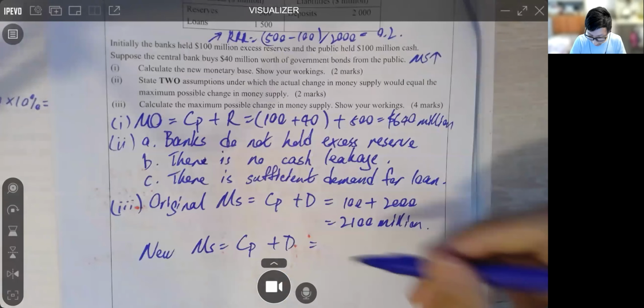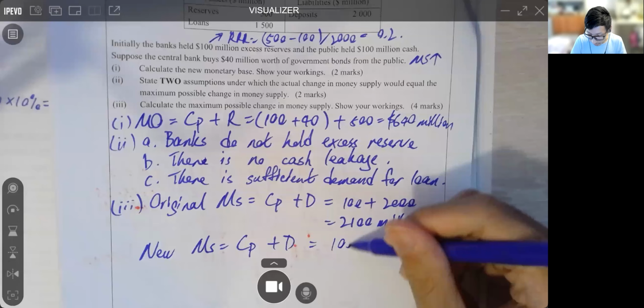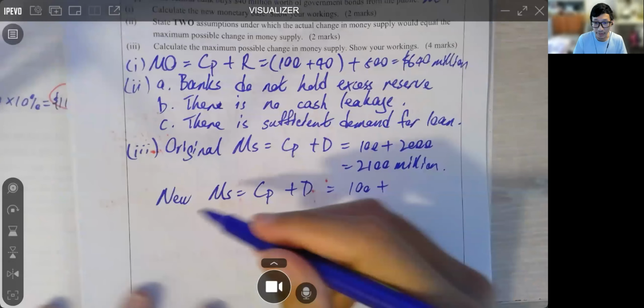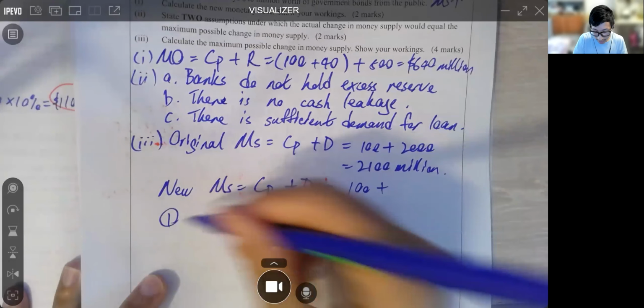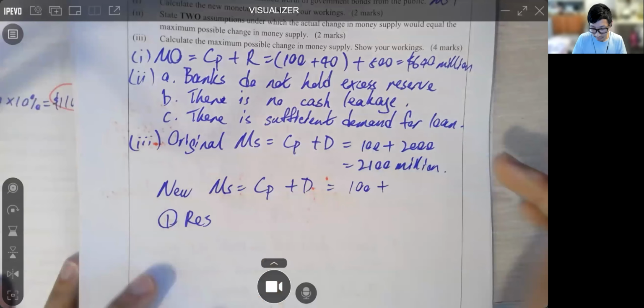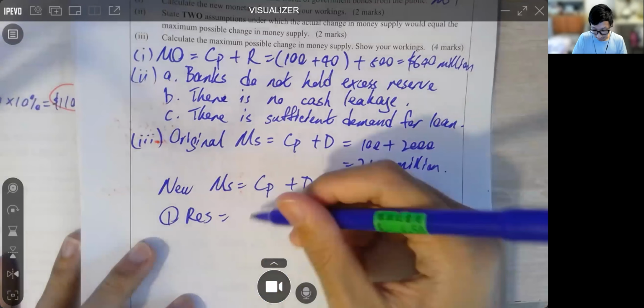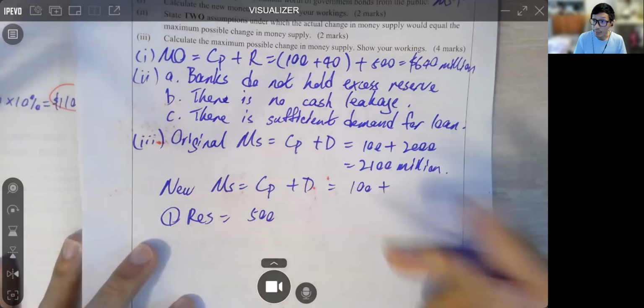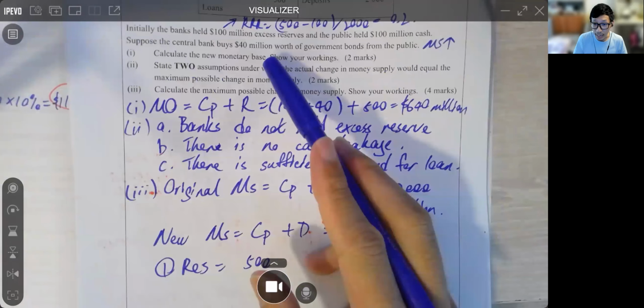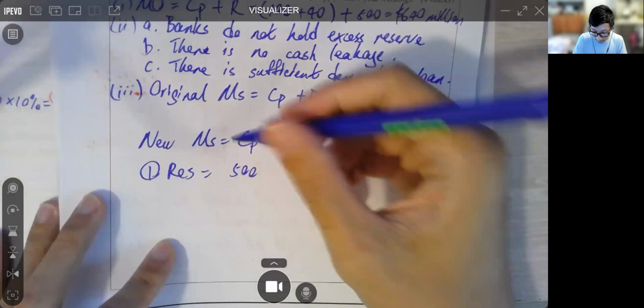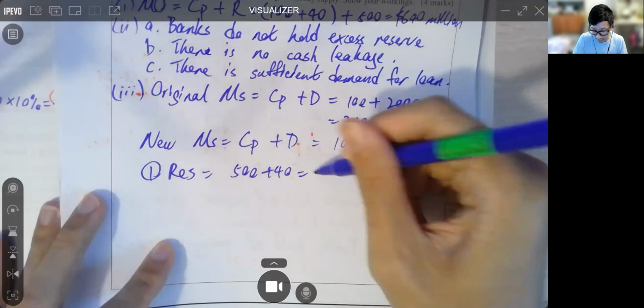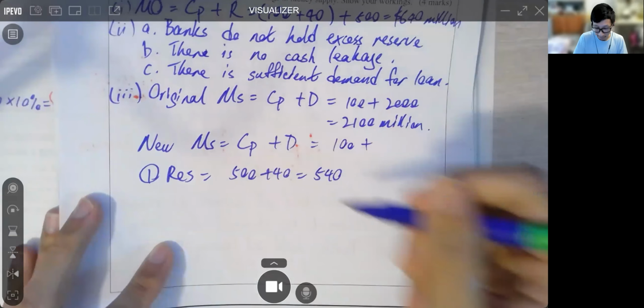Therefore CP is 100 plus D. How do we calculate D? Again, the new reserve. The 40 million will be put back into the bank, so they will have 40 extra: 540.